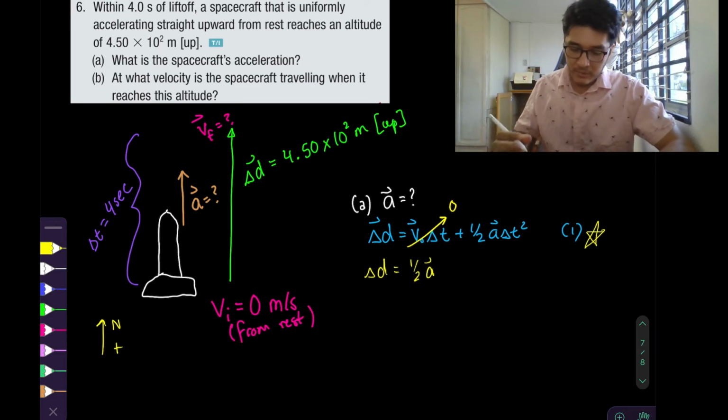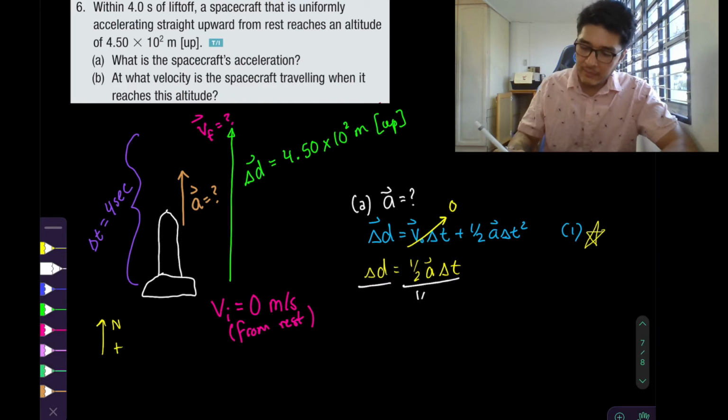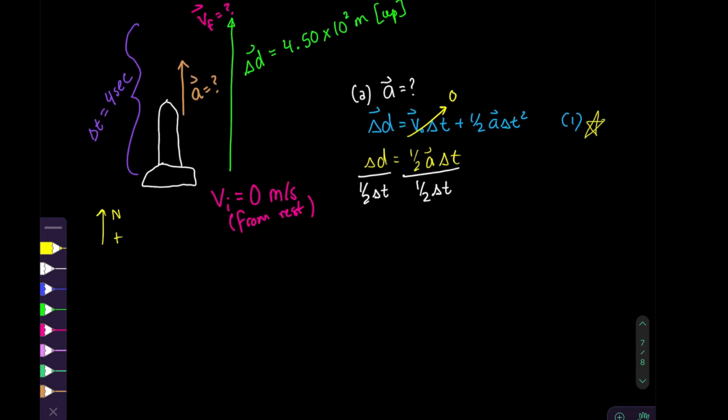And the delta t squared, we'll put in the numbers later, right? For now, what we want to do is rearrange this equation to isolate for the acceleration. So we're going to divide both sides by a half delta t squared. So this means that delta D over a half delta t squared equals the acceleration.